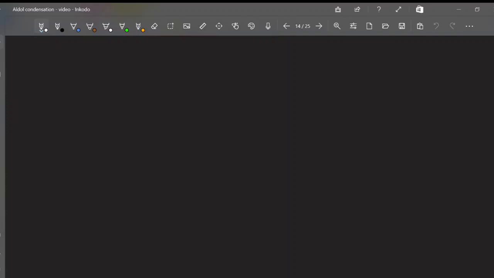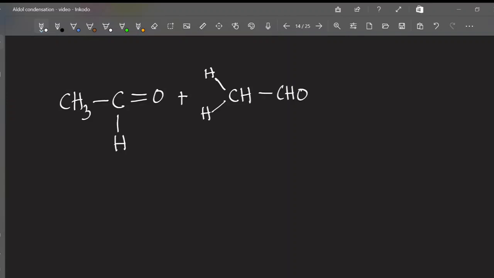Within a single step, how do we identify the direct final product? Let us take one of the acetaldehyde molecules like this and the other acetaldehyde molecule pointing the acidic hydrogens towards the oxygen, to make things easier for us.